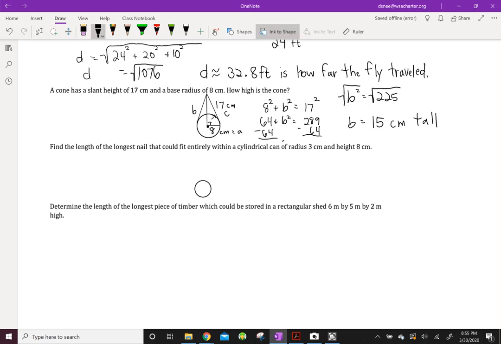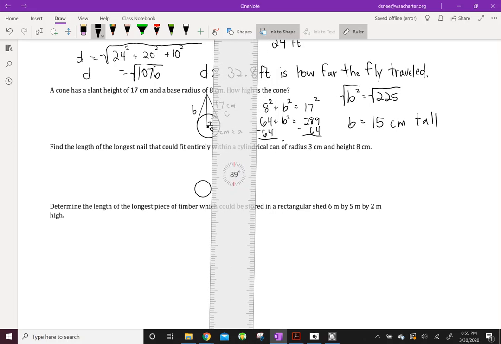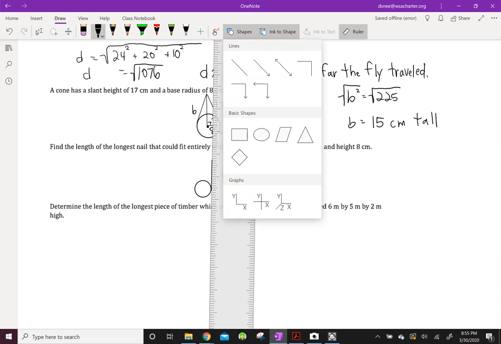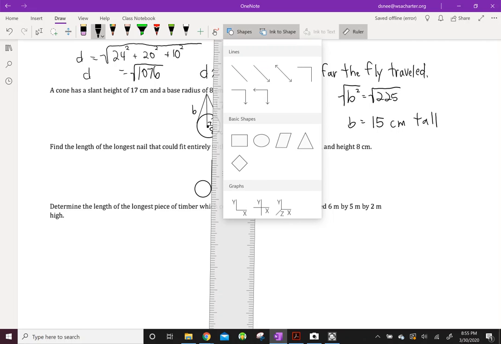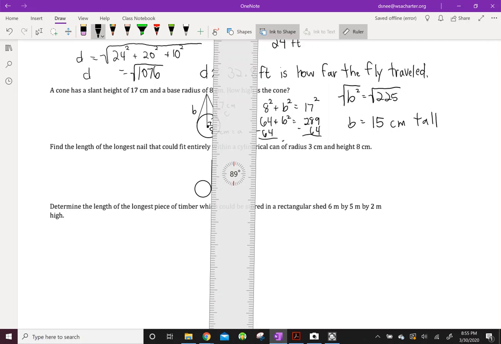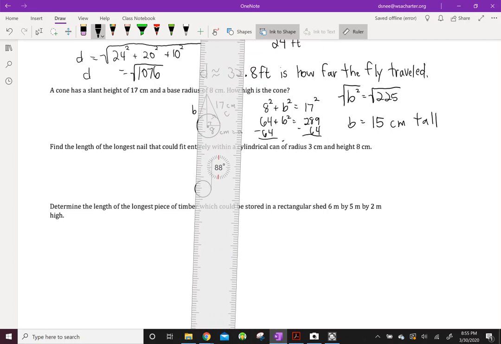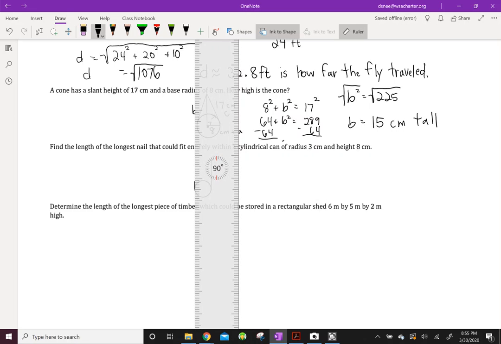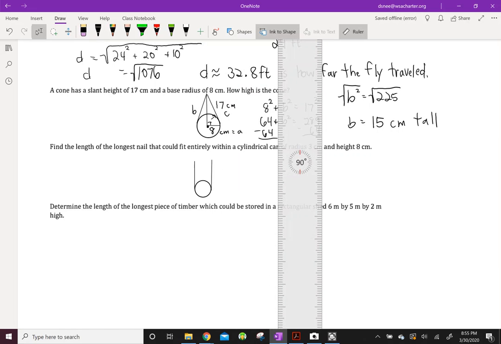And then you've got some sides. I'm sure there's a better way to do this. Let's see. Shapes. Basic shapes. I'm going to figure out a way to do this here, but not right now. I'll figure it out though. So I've got this guy.